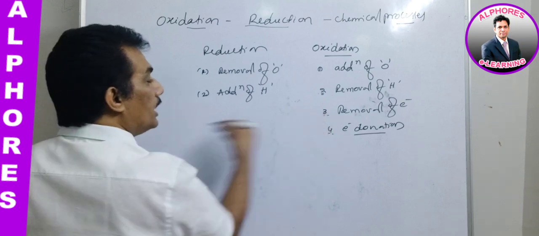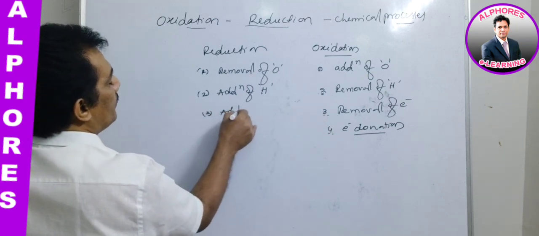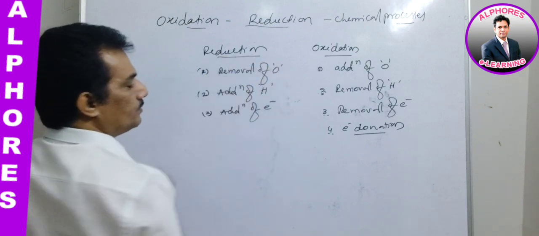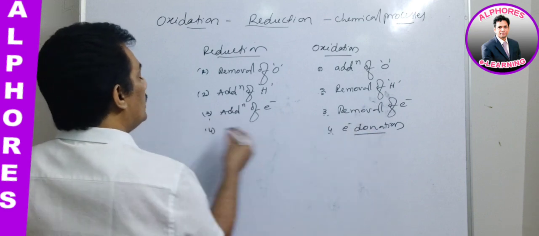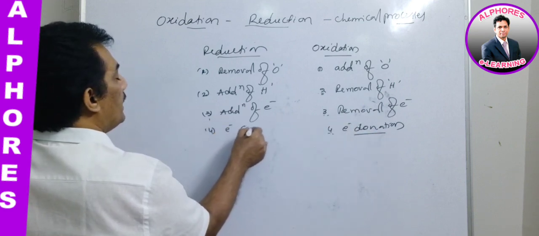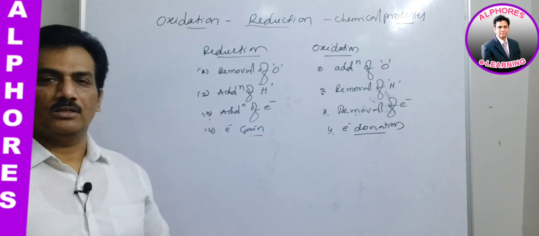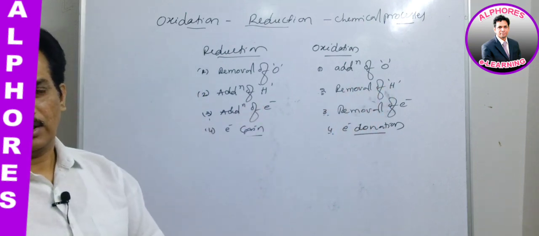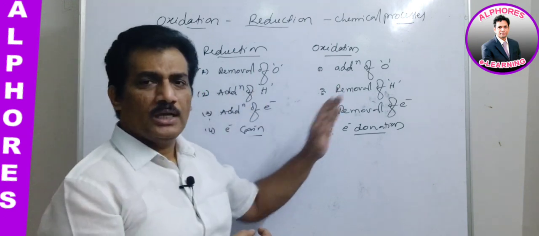Similarly, removal of electron is oxidation, and here addition of electrons is reduction. That is, electron donation is oxidation and electron gain is reduction.